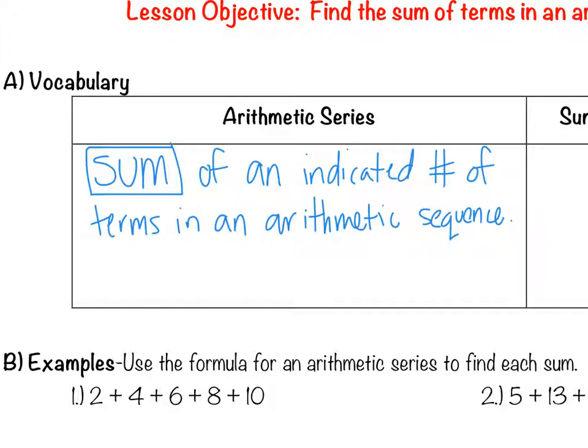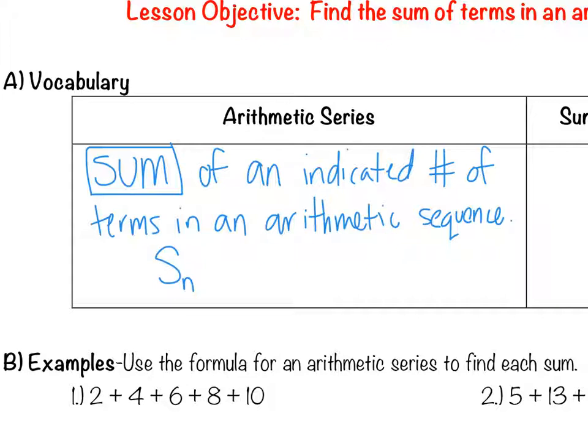So if a sequence is a list of numbers, then the series would be the sum of all of those numbers in that sequence. At first we learned about sigma, so you can see it as sigma. Another way to indicate sum is simply with S sub n.